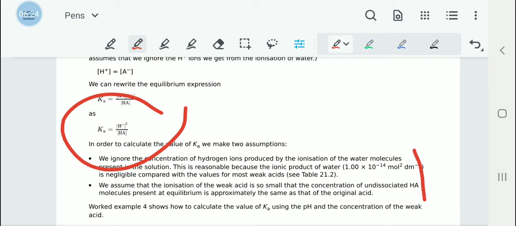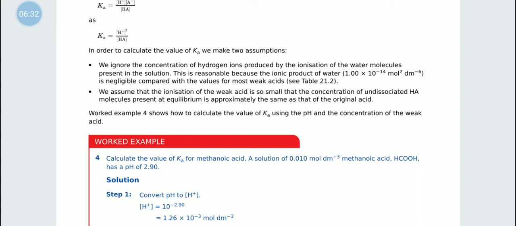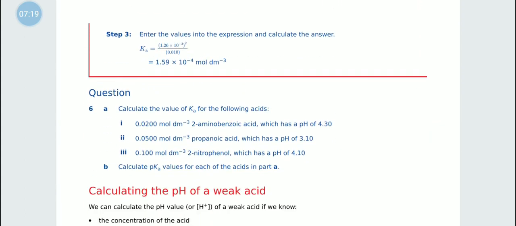Number two, we assume that the ionization of the weak acid is so small that at equilibrium the undissociated HA molecules would be the same as that of the original acid. If you understood, please do question number 6.